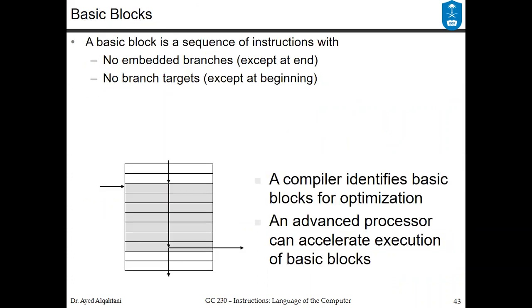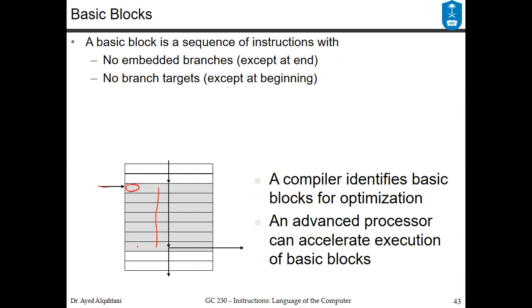So now we have blocks. A basic block is a sequence of instructions with no branches or jumps that break it apart. For example, if you are starting with this loop, you say here is a label called loop or start. And then there is a list of instructions that begin with this label, and other instructions that don't control the flow.